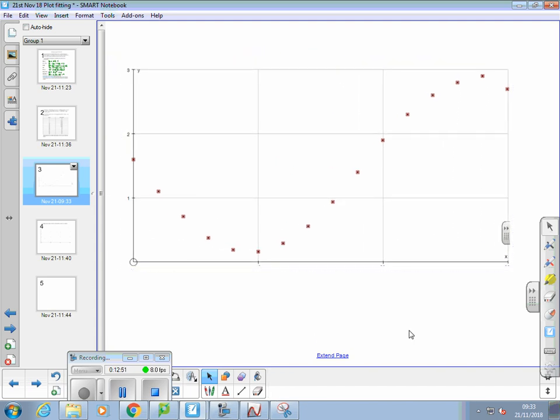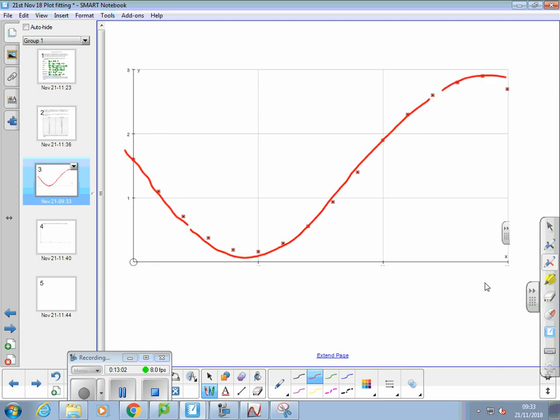So we're thinking we want to try and fit a sine wave somehow to that data. A sine goes on a graph like so, and it has the form y = a sine(bx + c) + d.